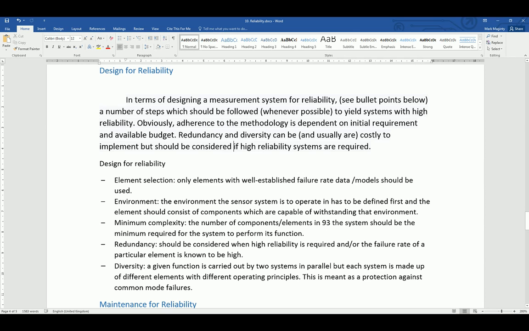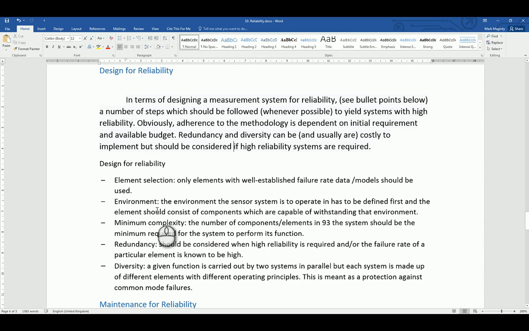So I've just changed the Word document a little bit here to include the bullet points that were in the image beforehand, and you'll see some of the ones down below. Design for reliability: element selection, so making sure you pick ones with well established failure rate data, so you know beyond reasonable doubt how they should perform.